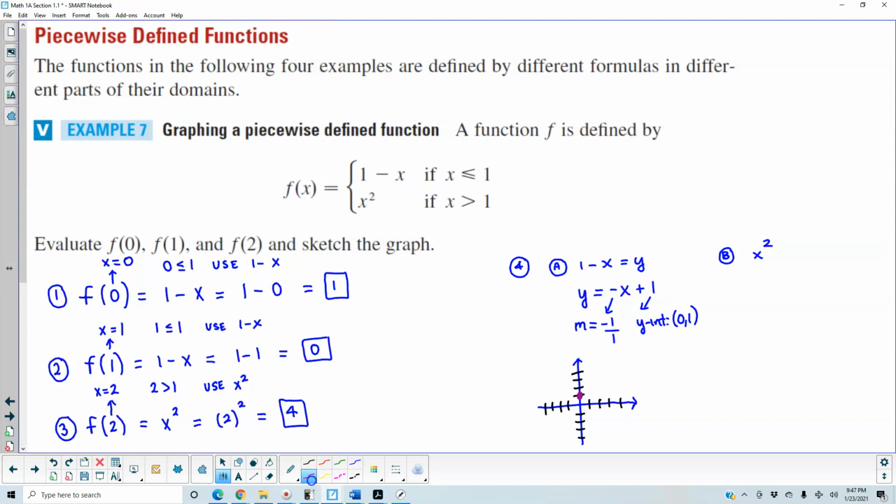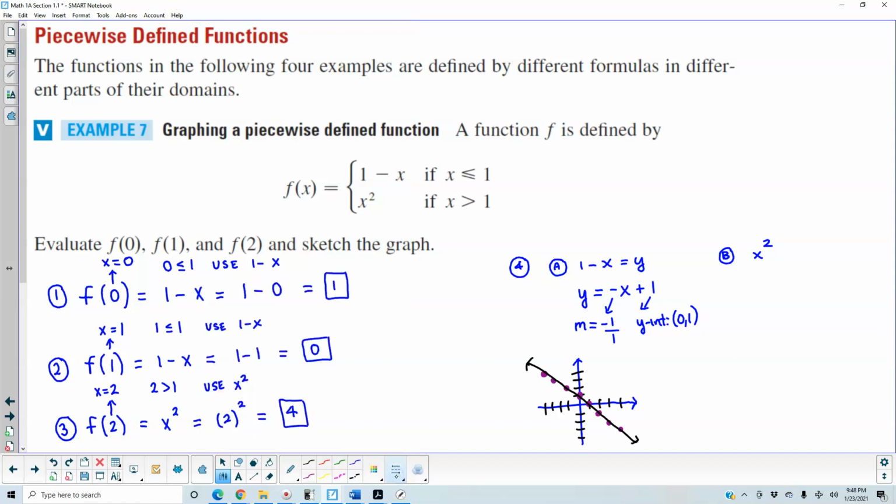And then what does our slope tell us to do? Go down 1 and to the right 1. Down 1 and to the right 1. And the same thing, we're going to go up 1 and to the left 1. So if we look at this graph, let's connect this here. There's our graph.